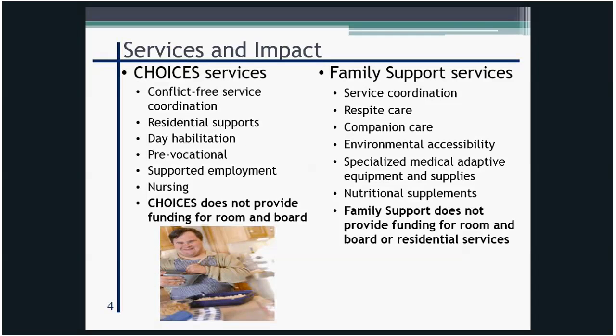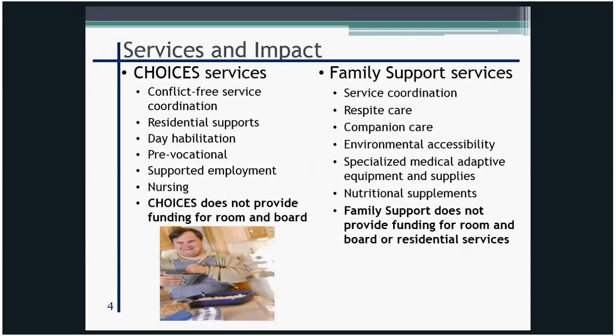And so now we have a group of providers that only provide case management, and a group of providers that only provide direct supports. It's enabled us to be conflict-free, which is a federal requirement, and it's also enabled us to ensure that people's needs are met without that inherent conflict when a provider is delivering both case management and direct supports.